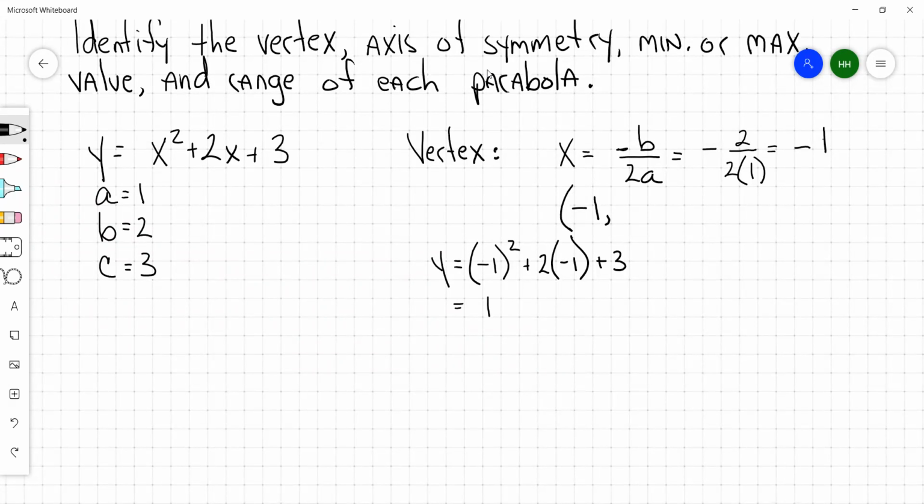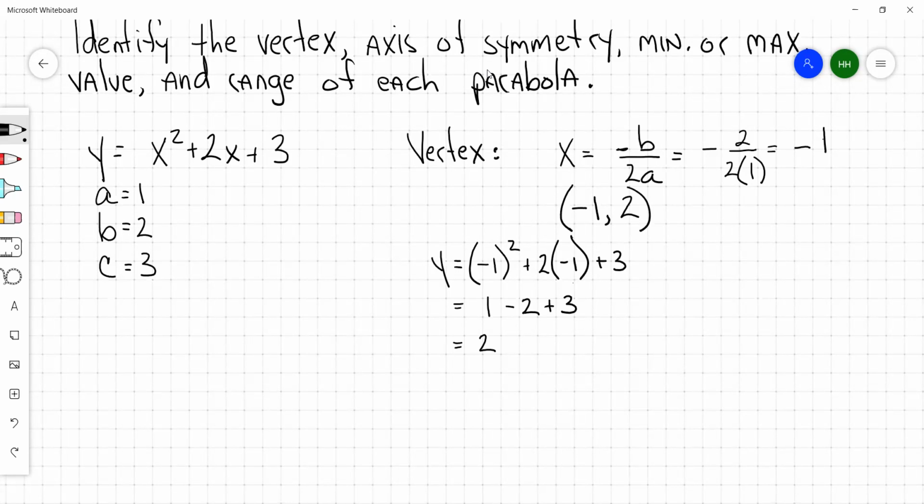This goes plus 2 times negative 1, so it's going to be plus negative 2, or minus 2 plus 3. And 1 minus 2 is negative 1. Negative 1 plus 3 is positive 2. So your y at the vertex is equal to 2. There's your vertex, negative 1, 2.